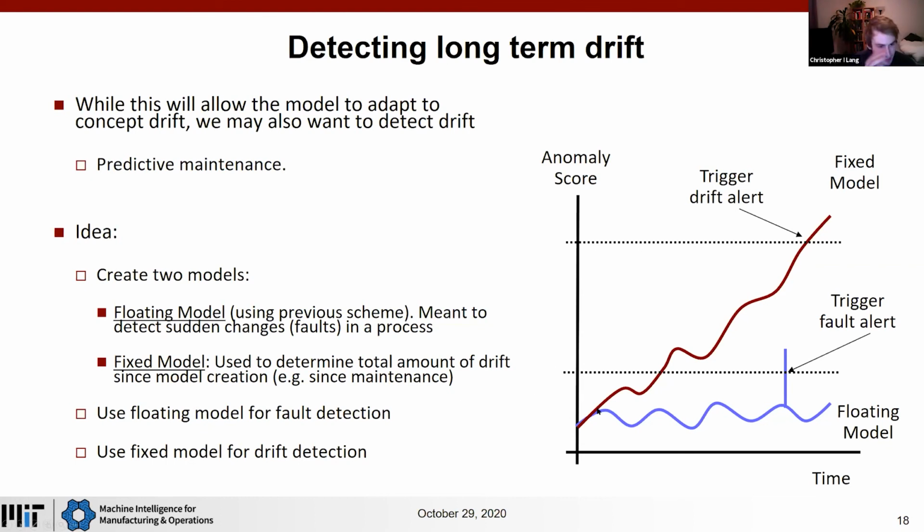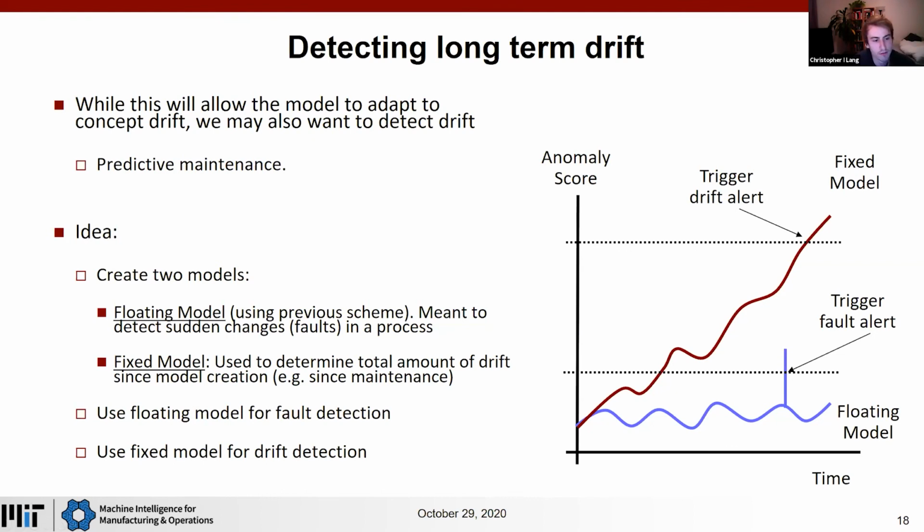So if you were to think about what would happen over time using both of these models, if you look at the anomaly score, the floating model would stay at a constant amount, except when a discrete fault would happen, and then this would trigger a fault alert.